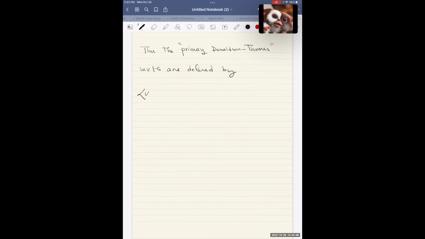So it's the DT invariants with insertions alpha 1 to alpha n and class beta, defined as the degree of the k-fold product of sigma 0 of alpha k, k from 1 to n, of I chi x beta virtual.